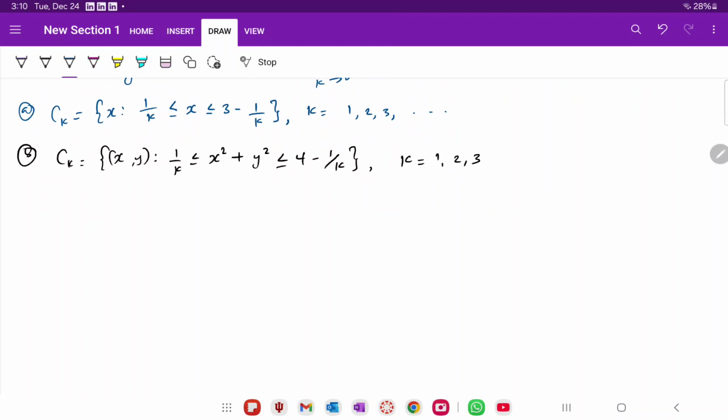So for the first one, (a), we know that the sequence is increasing.